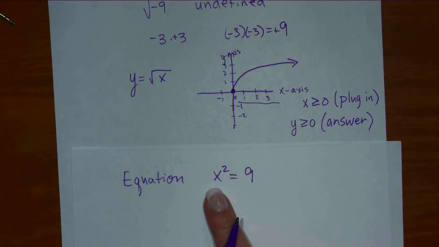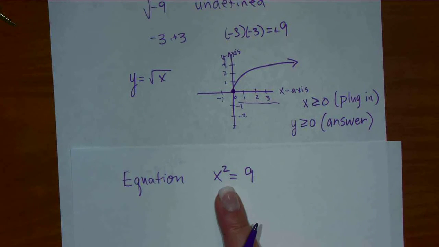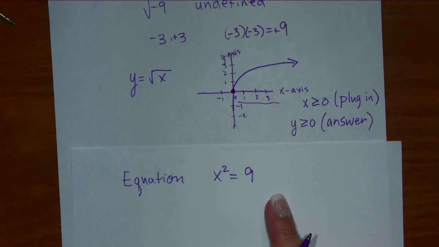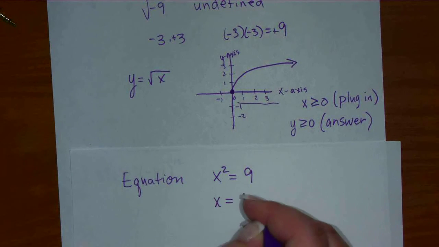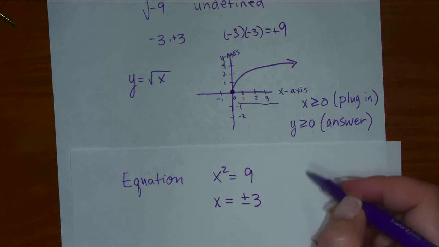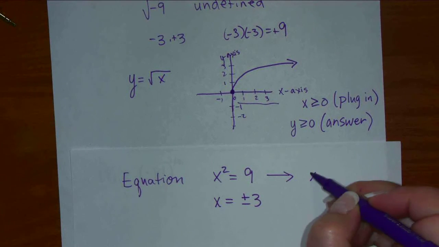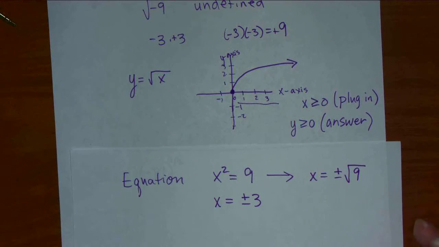Because you can do 3 squared and get 9, and you can do minus 3 squared and get 9. So this x can be both plus or minus 3. And it does have a square root in it when you solve it, but the plus and minus are outside of the square root rather than inside of the square root.